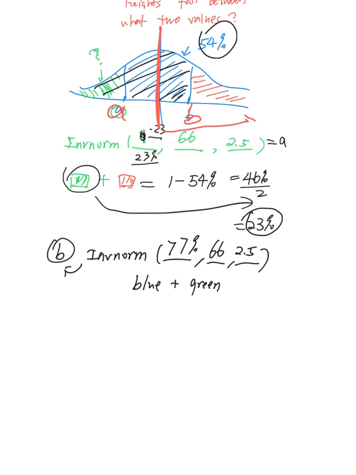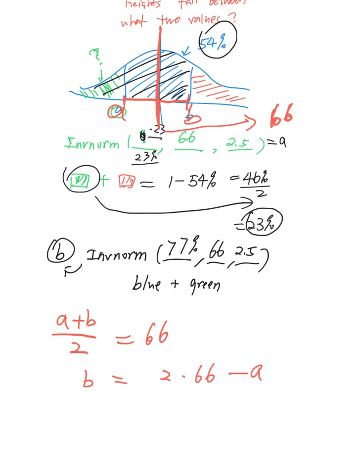The mean is equal to 66, and the mean is the middle point for A and B. So A plus B divided by 2 is the middle point, and the middle point value is equal to 66.